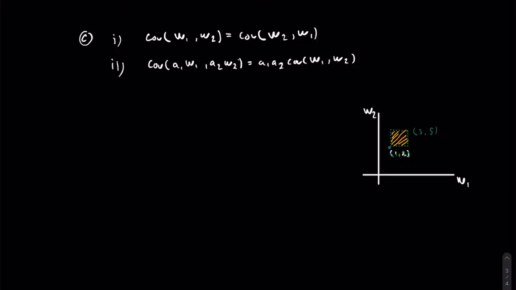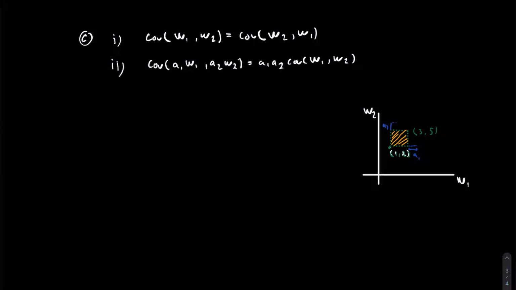If we multiply W1 by A1, that basically means we're adding some area that is A1 in length, and the same for W2, we're adding another area, A2.